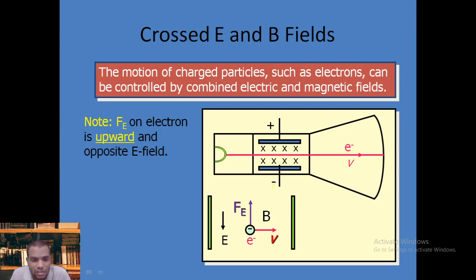This is the situation when charged particles are placed in crossed electric and magnetic fields, especially in certain experiments where we need electrons moving with a certain velocity. The motion of the charged particles can easily be controlled by the crossed electric field and magnetic field.